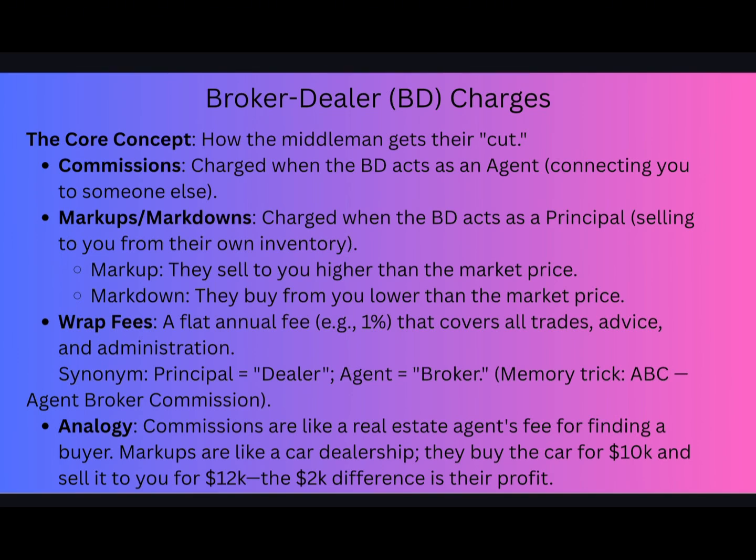But the moment a representative decides to pick the action or pick the amount or pick the asset, that means it is a discretionary account. If the representative decides to choose at least one of those three A's.